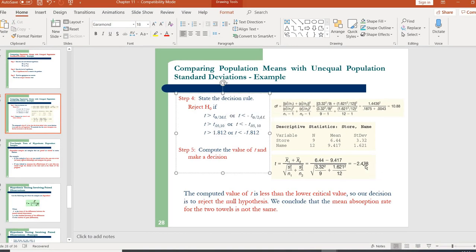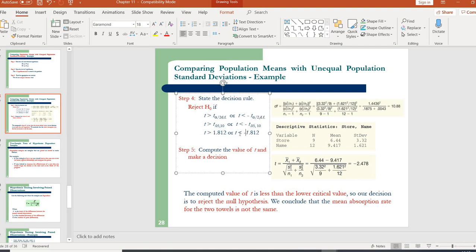And then I will compare the calculated test statistic with the critical value. If this statistic is more than 1.812, we reject the null hypothesis. And as you can see, if you take it in absolute value, so it will be positive, 2.478 is more than 1.812, and therefore we reject the null hypothesis.